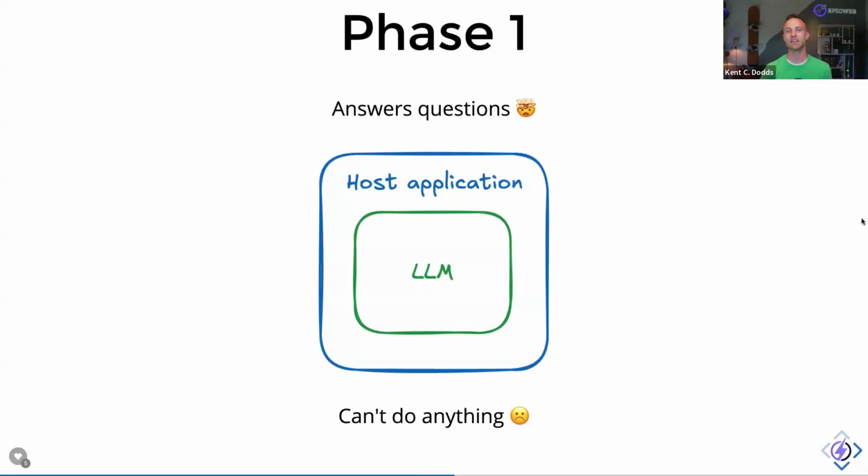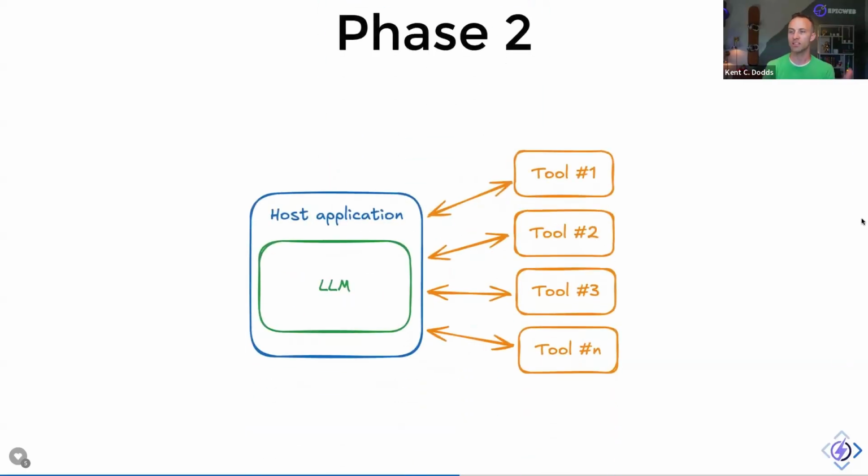And so if you actually needed a job done, you would have to bring all your context into the tool to say, okay, here's my code base, or here are some examples of my essays that I've written before, write a new one for me, here are the bullet points, whatever. And then you'd have to take the context out of it to go and accomplish whatever thing you needed to do. And so then we get into phase 2, where the host applications start making tools and integrating with that.